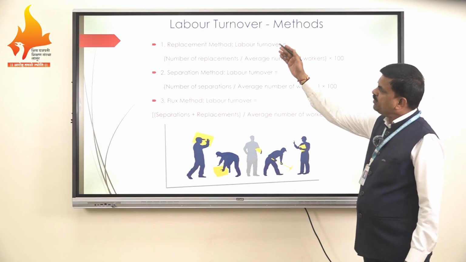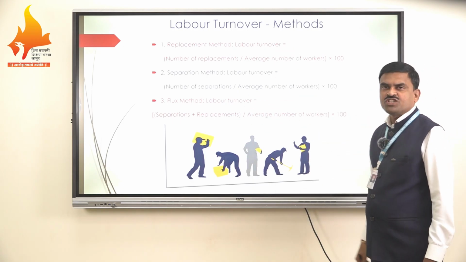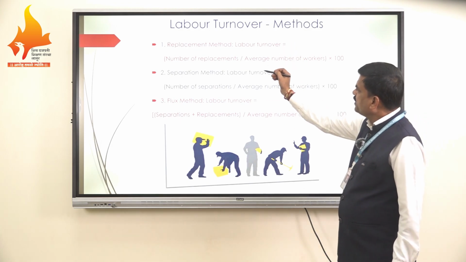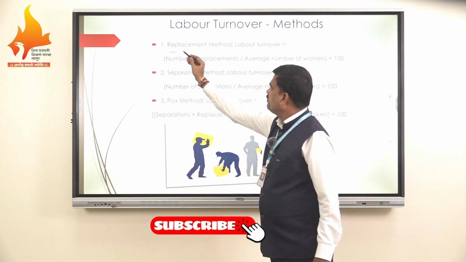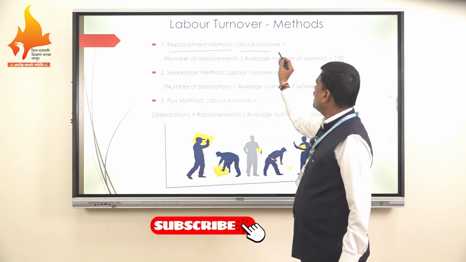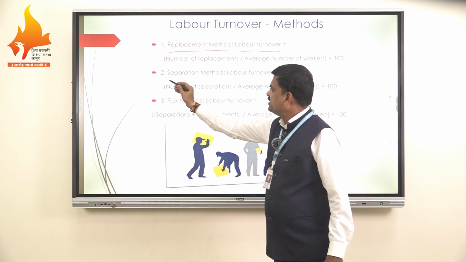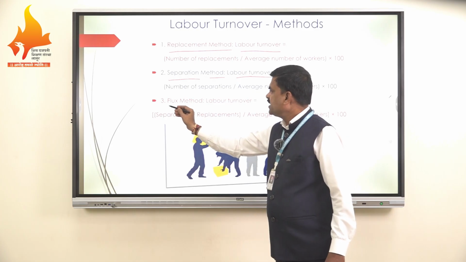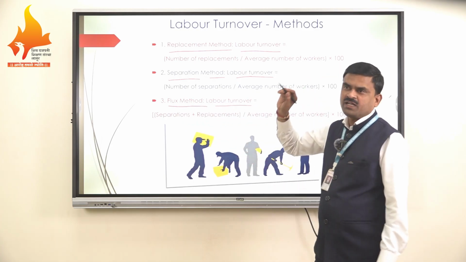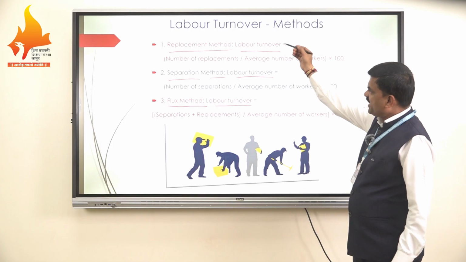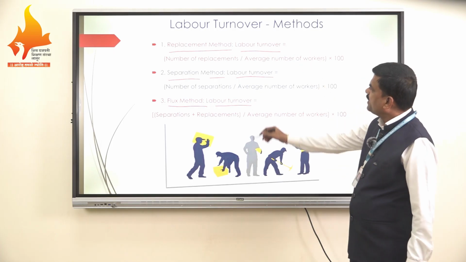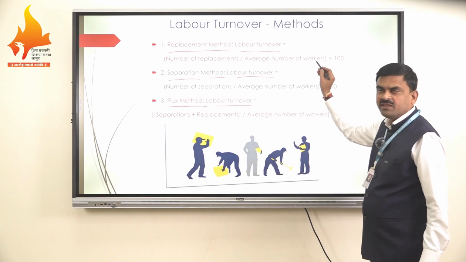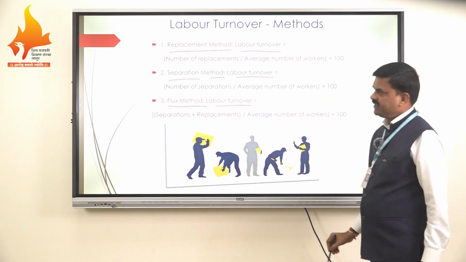Here the three most important methods are mentioned which organizations generally use to count labor turnover. The first is the replacement method, the second is the separation method, and the third is the flux method. The replacement method has the formula: number of replacements upon average number of workers in the organization into 100.